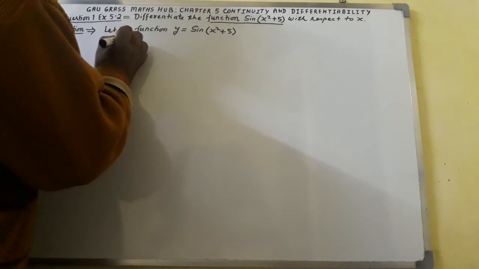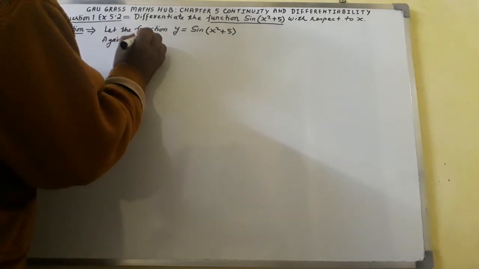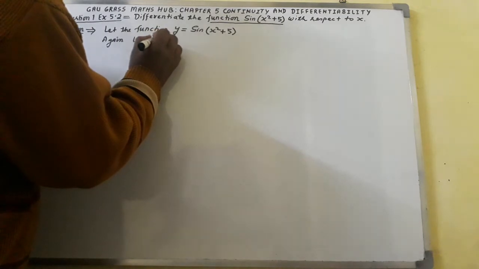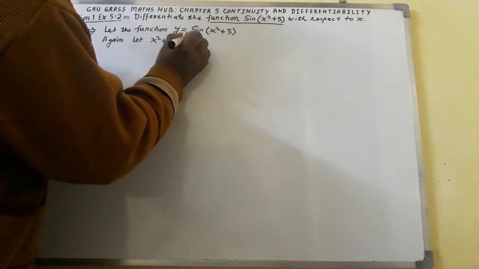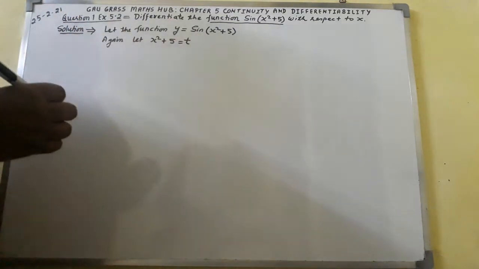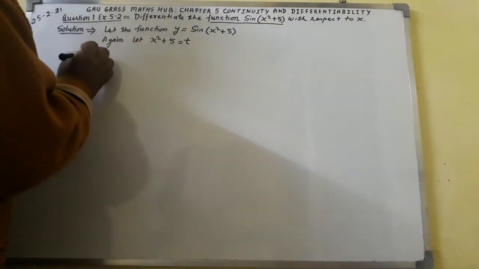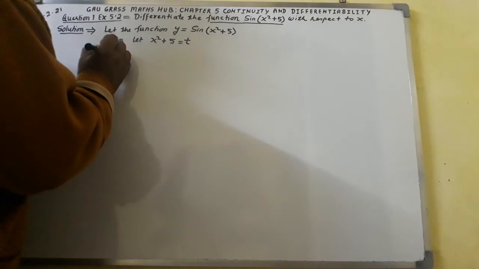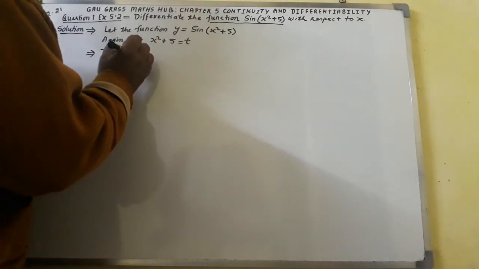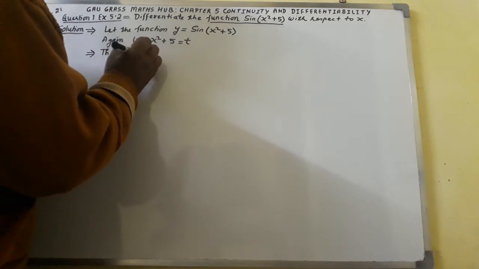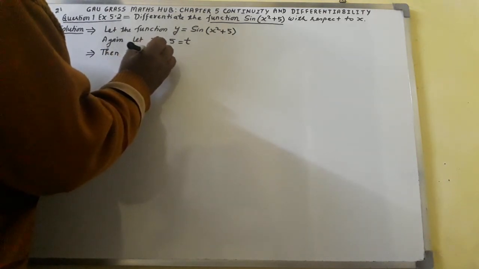Again I shall let x square plus 5 equal to t. Then it will become y equal to sin t.